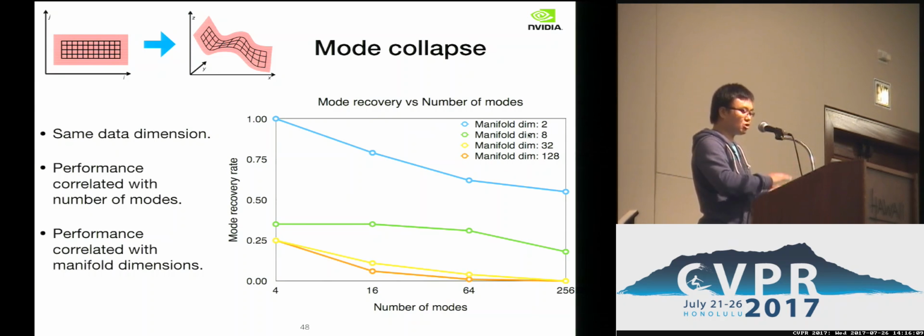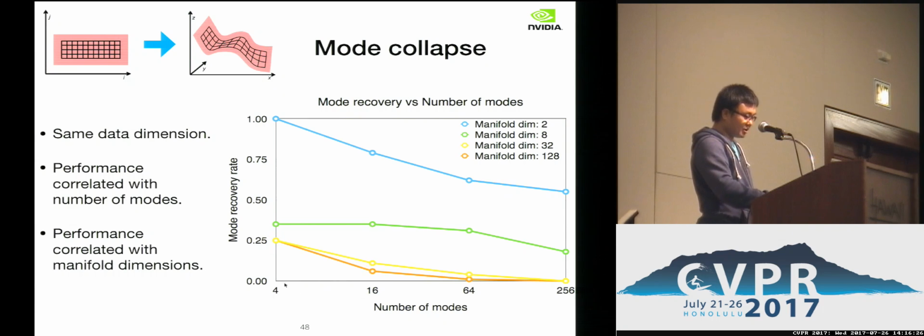We project the Gaussian clouds in this low-dimensional manifold to this 512-dimensional space, and we apply GAN training to try to recover the distribution. We found that it has the following behavior.